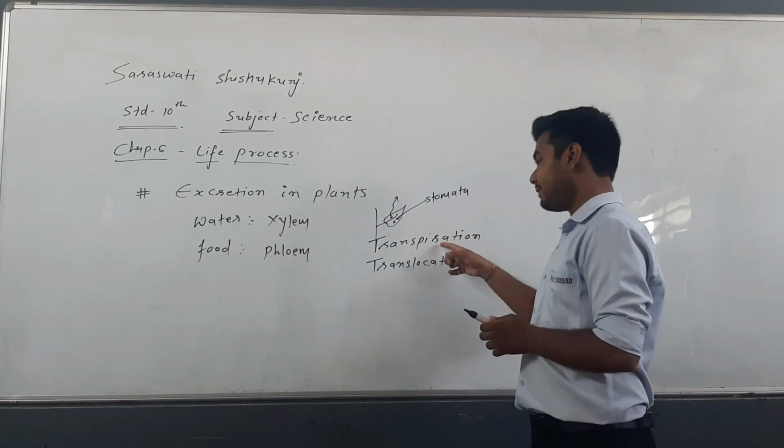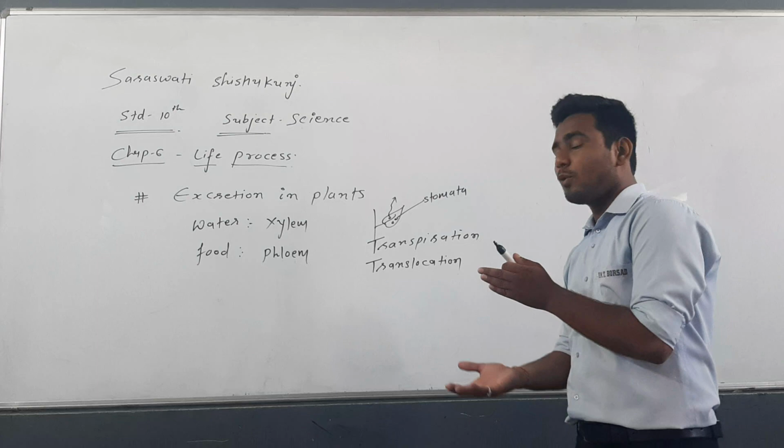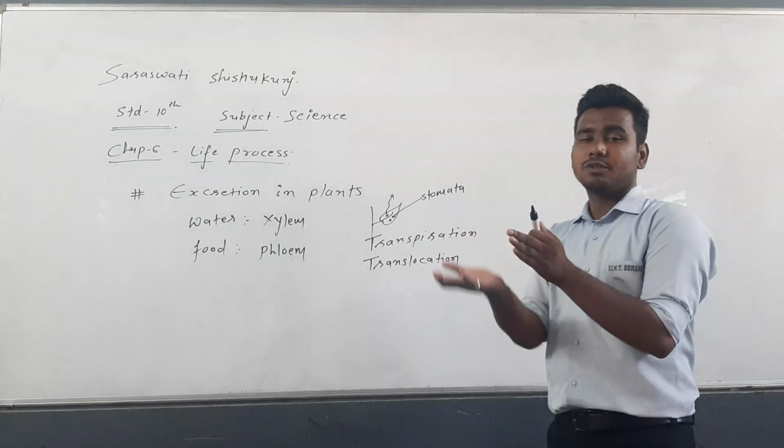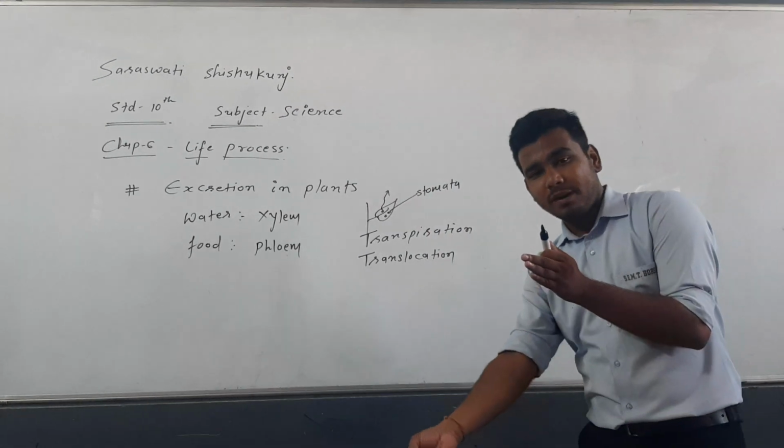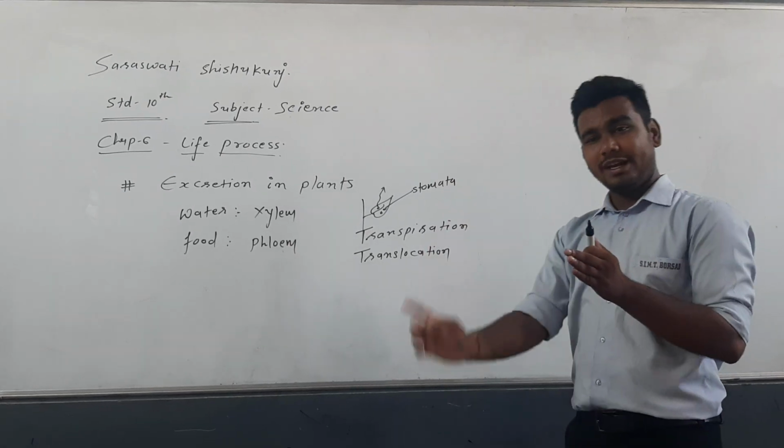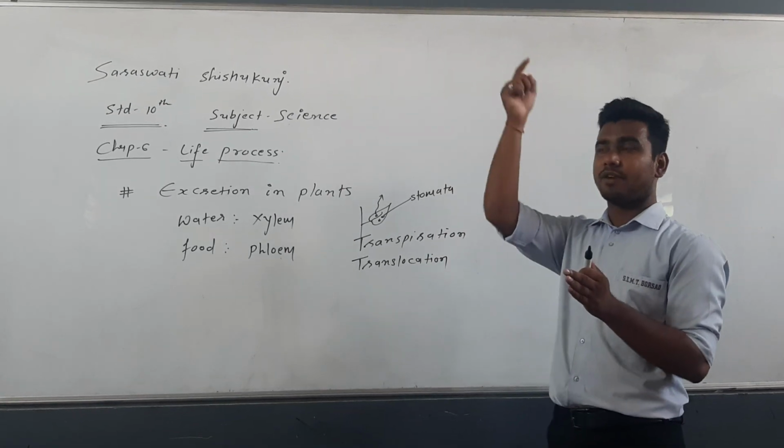In the process of transpiration, there is a transpirational pull on the water. So water moves from the downward direction to the upward direction. It's only unidirectional. It will not come from up to down.